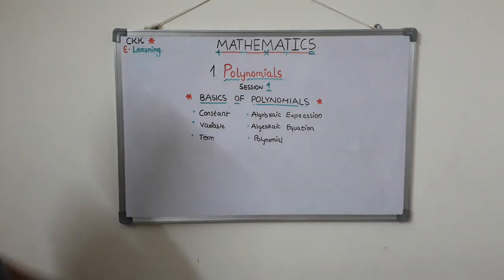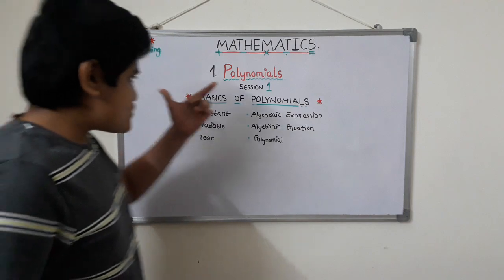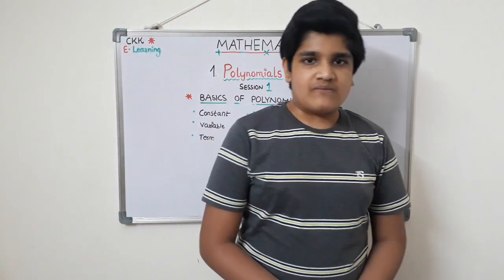What is the topic that we are going to discuss today? Basics of polynomials, because we will be understanding what is the meaning of polynomial in this video. If you understand what is the meaning of the polynomial, then you can step forward to understand the other topics better.